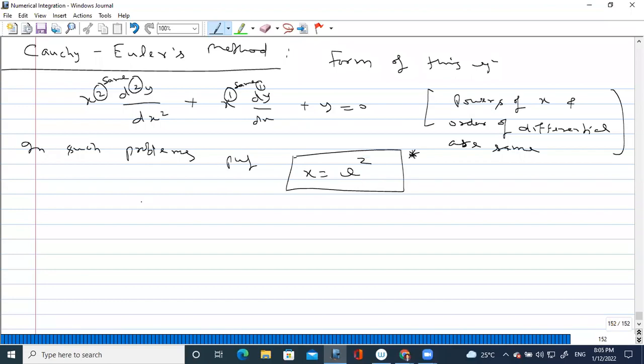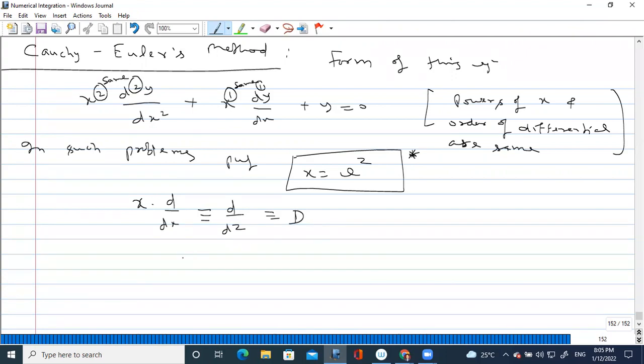So this implies here x into d by dx, because x square into d2 by dx square and x into d by dx are together. So x into d by dx, you have to put d by dz, or this d by dz can be given a name, just this is the first derivative, so D.